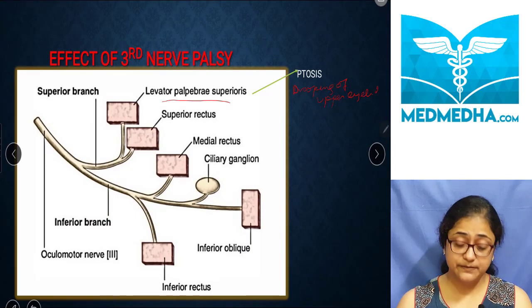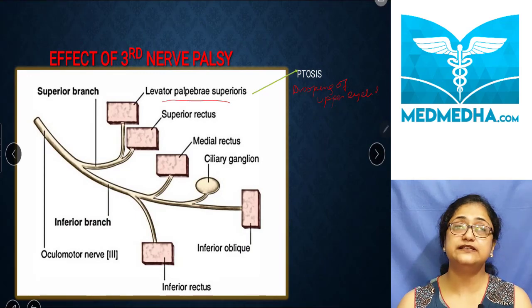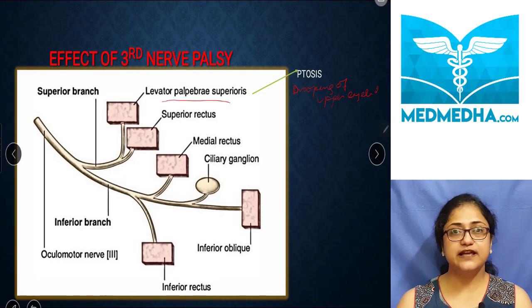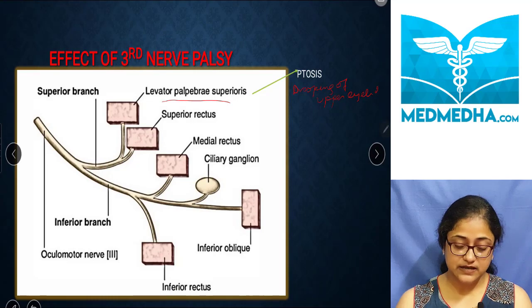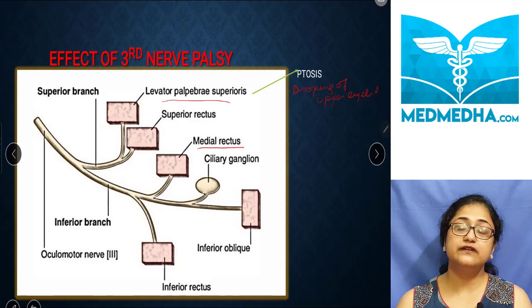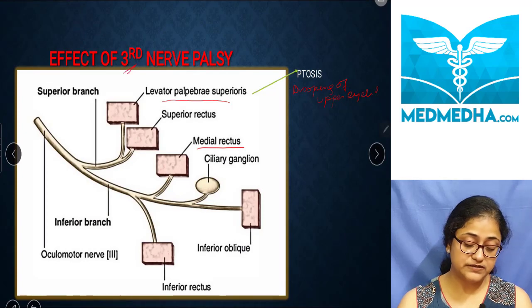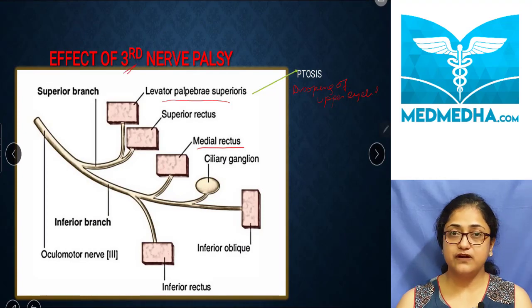The next important muscle is this: we said LR6 SO4, that means the lateral rectus is supplied by the abducent nerve, but the medial rectus, the opposite muscle, is supplied by the inferior rami of the third nerve. So, in oculomotor nerve palsy, the medial rectus will not function.